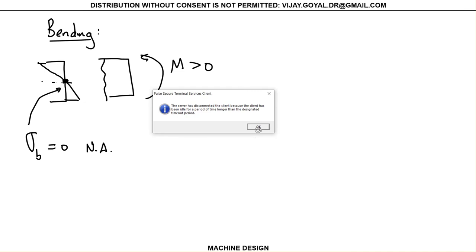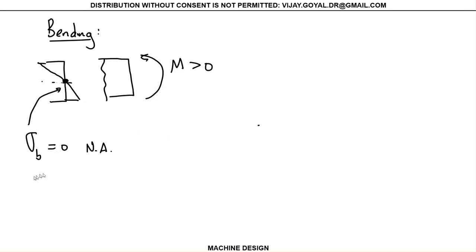So what you're saying is no stresses at the neutral axis. If I take my cross section, you can see that this is going to be in compression, this is going to be in tension.